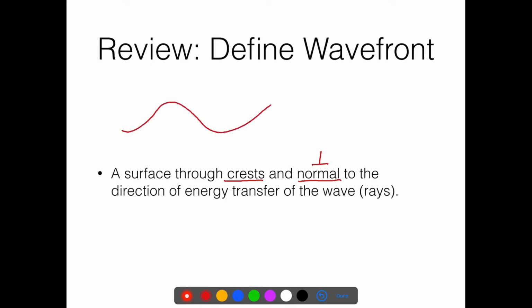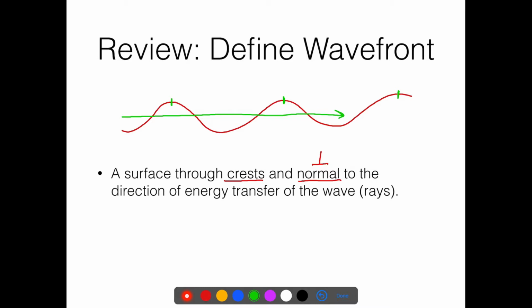So you've got a wave, right? And that wave is traveling in this direction. So a wavefront is just a surface or a mark at that maximum. You could have a wavefront here, a wavefront here. It's perpendicular to the direction of the wave.